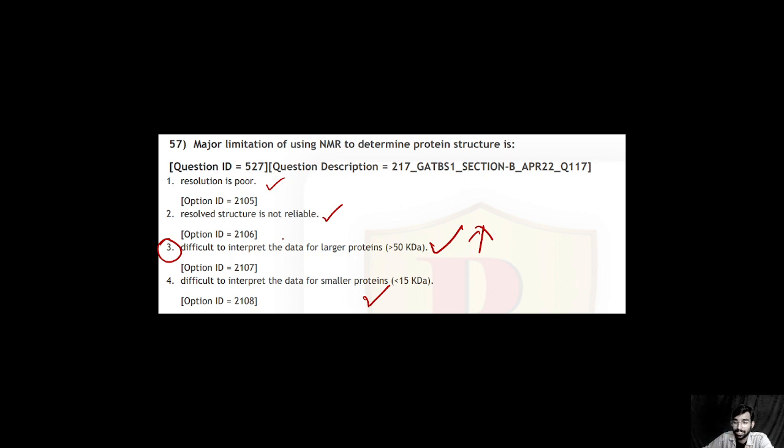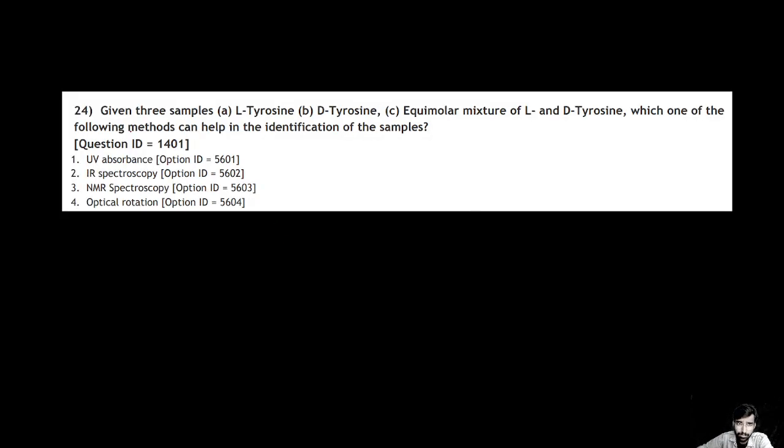Right? Now another question is that, given 3 samples, L-tyrosine, D-tyrosine and an equimolar mixture of L and D-tyrosine, which of the following methods can help in identifying the samples? UV absorption, no, it's not actually. Here you will get only the concentration, 0.6, 0.8, something. IR spectroscopy will tell you about a functional group.